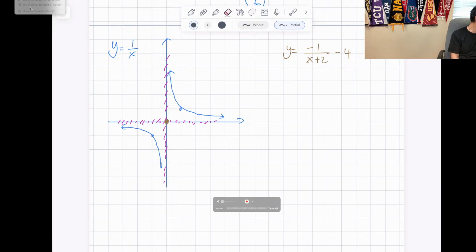The dot where the horizontal asymptote and vertical asymptote meet, you translate that. You translate the asymptotes and then graph accordingly. But since this one has a negative 1 on the top, you have some type of reflection. They change quadrants. Instead of first and third, you'll be in second and fourth.